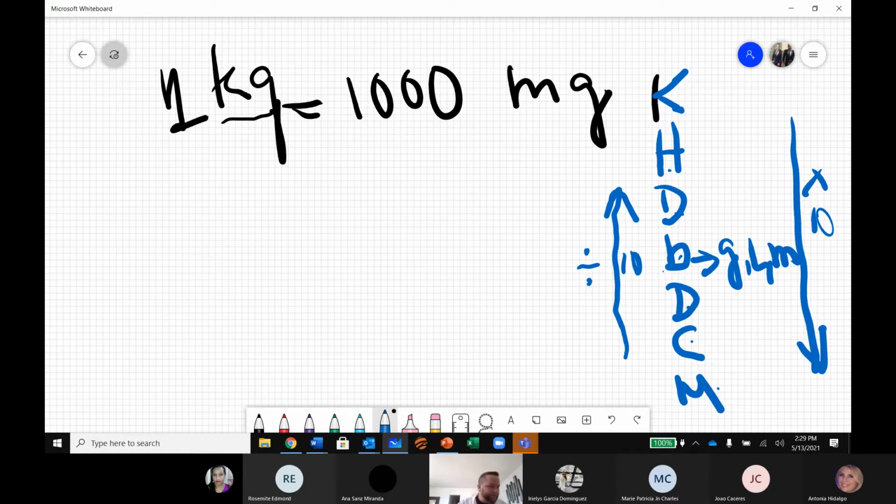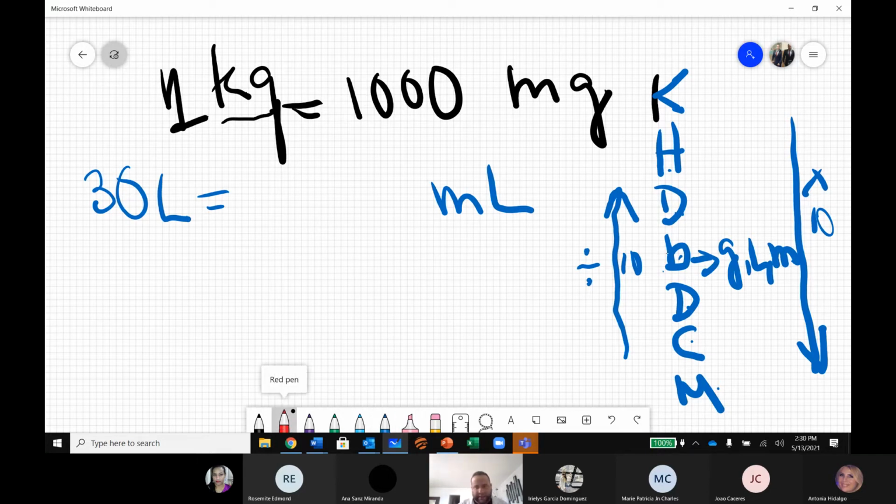Got it, everyone? Yes. For example, if we have 30 liters, how many milliliters are there?